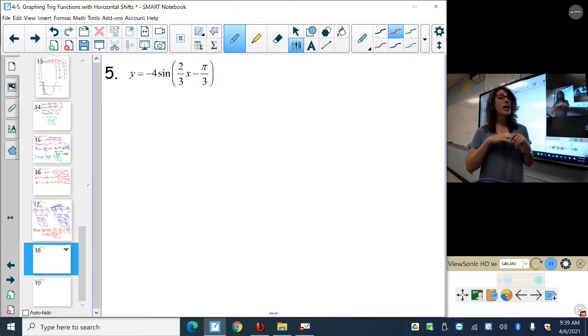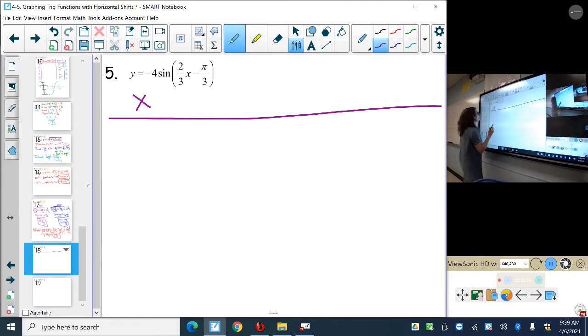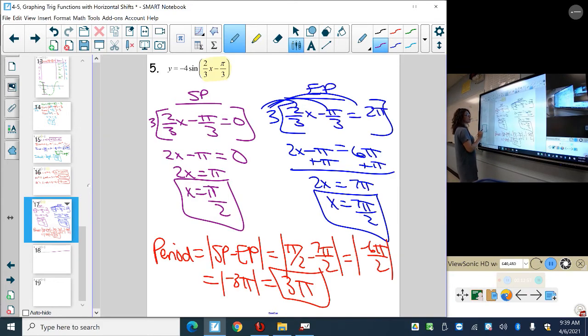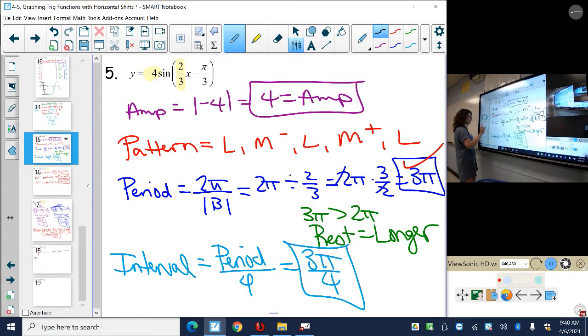Now, this is not nearly as nice as our last one, so you're going to need to use your calculator for this. So we're going to go ahead, and I'm going to have x, and the very first place that I'm going to start is at pi over 2. So I'm going to put pi over 2 here. Then I'm going to take pi over 2, and I'm going to add my interval. My interval is 3 pi over 4.